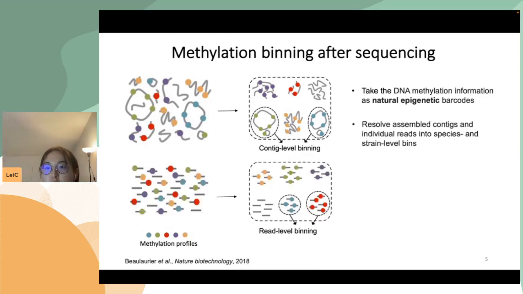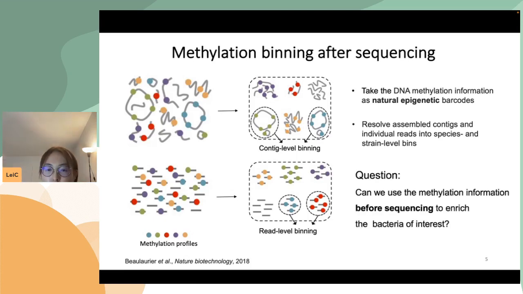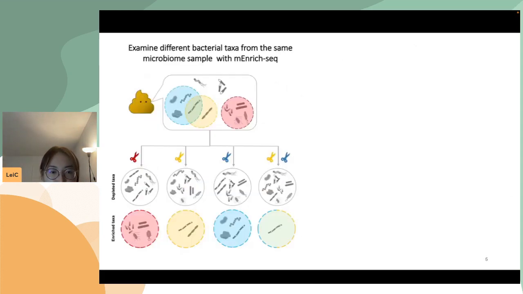This DNA methylation information can help resolve the assembled contigs and individual reads into species and even strain levels. So we ask a question, this is before sequencing: can we make use of this methylation information right before sequencing the whole microbiome sample?